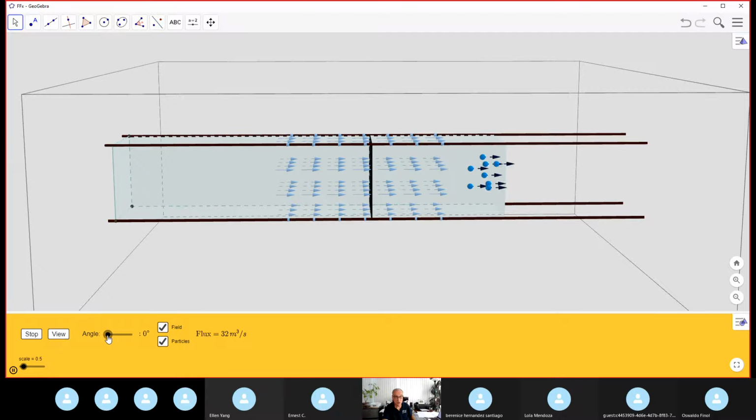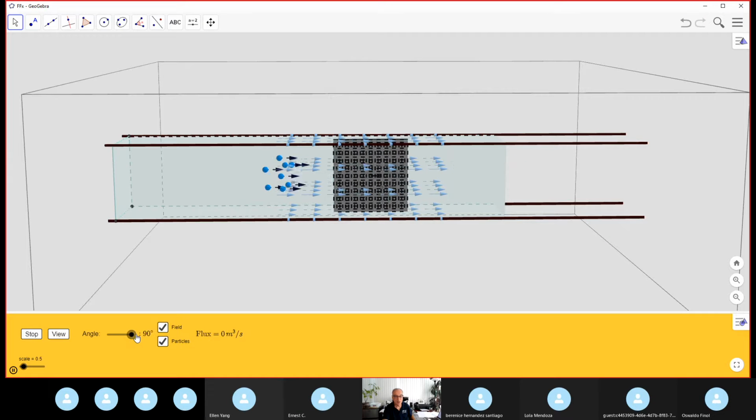Maybe I change here the angle of the surface. And you see how the flux changes. Even when it's 90 degrees, no flux. Well, at least the first approach is understandable, or no?